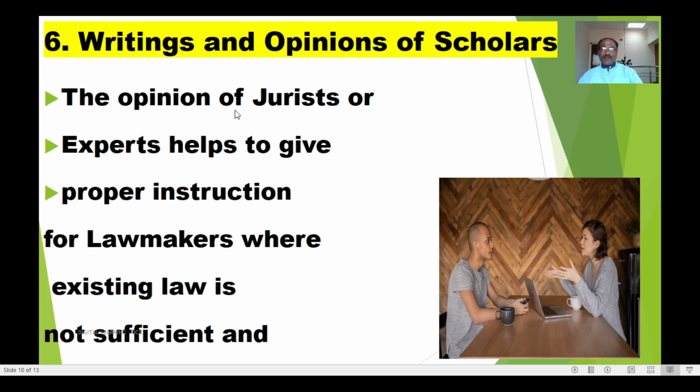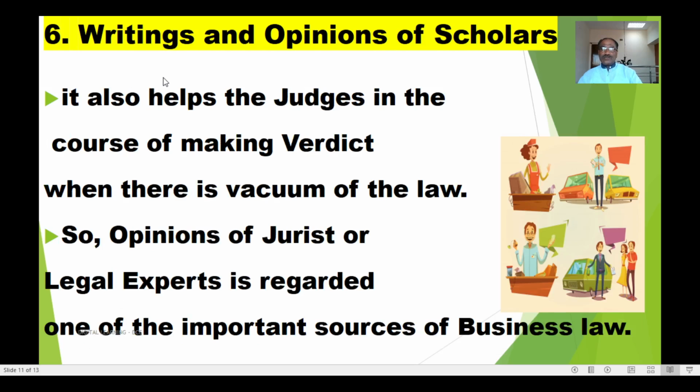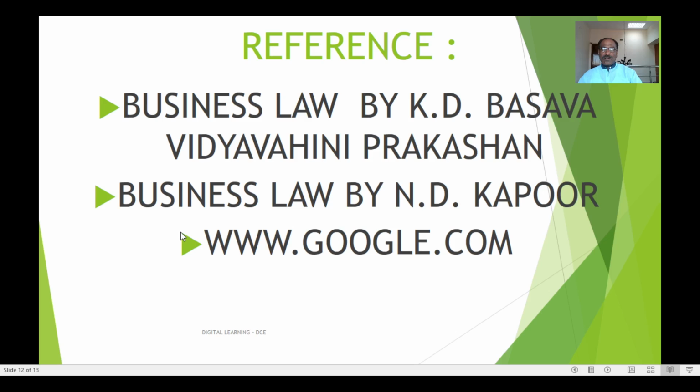The opinions of jurists or experts help to give proper instruction for lawmakers where existing law is not sufficient, and it also helps the judges in making a verdict when there is a vacuum of the law. So opinions of jurists or legal experts are regarded as one of the important sources of business law.